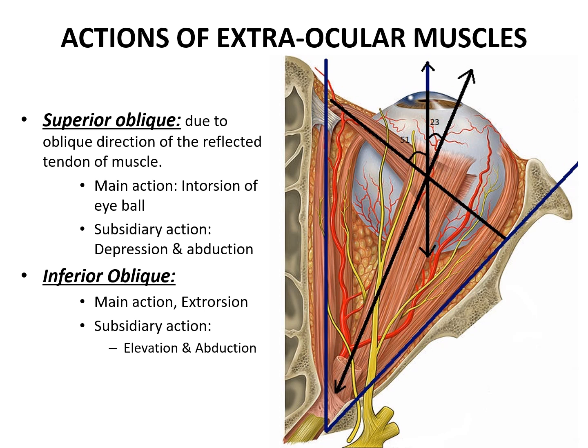And the main action of the inferior oblique, as it forms an angle of 51 degree with the anterior posterior axis in the primary position, is extorsion, and the subsidiary actions are abduction and elevation of the eyeball. Next slide, please.